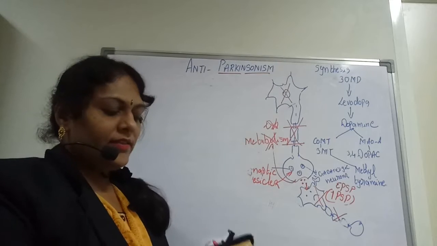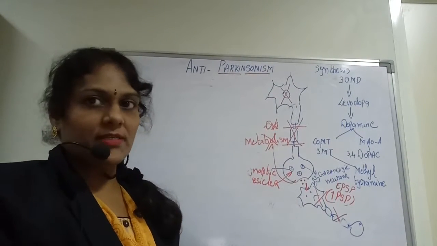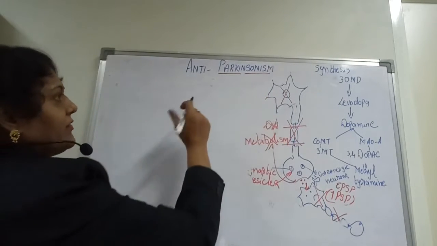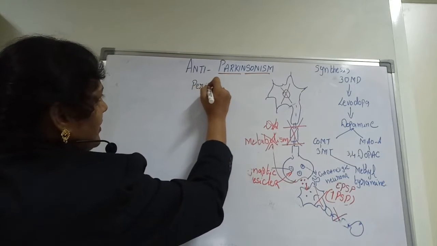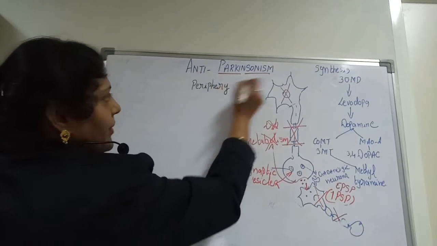As I said, this dopamine neurotransmitter will be made in two places, or in two processes. One is through the brain and the other is through the periphery. I am indicating periphery in black, and brain in blue.